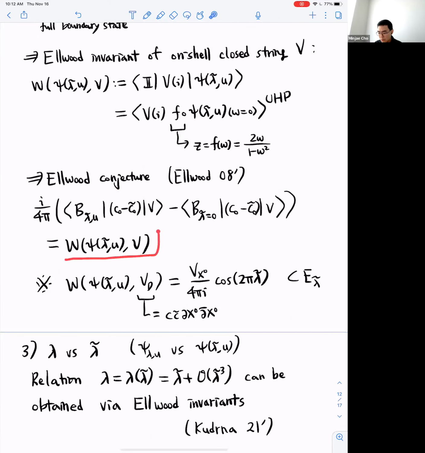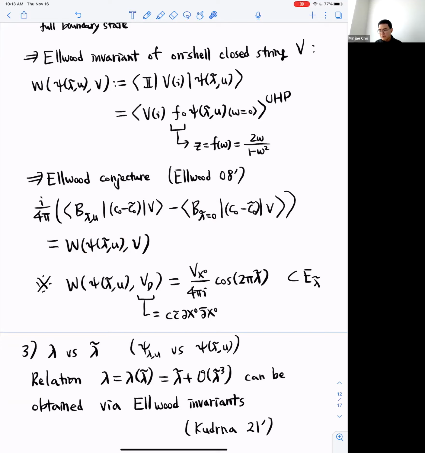If you compute this Ellwood invariant, that is going to give rise to the difference of the boundary state coefficients, where the difference is given by when you evaluate it in the undeformed theory versus when you evaluate it in the deformed theory. And this solution is standing for the solution for this deformed theory written in terms of the degrees of freedom of the undeformed theory. Okay.